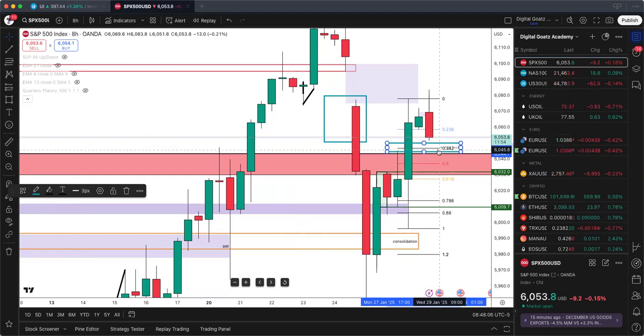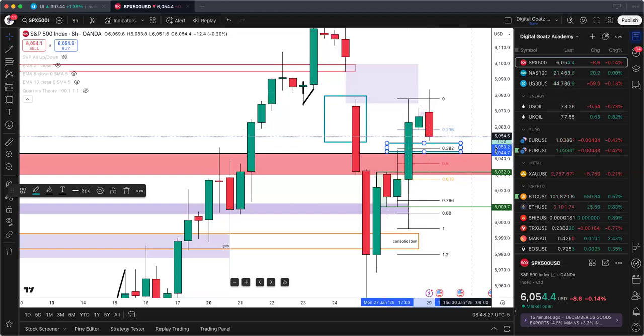Again, I do want to see if it touches into the zone, because that would confirm my expectations that this market is still bullish, if it touched this and then pushed away from here. Anywhere in this area, it's still pushing down, or it pushes up from this area on the next candle. Yeah, I'm liking to see that.